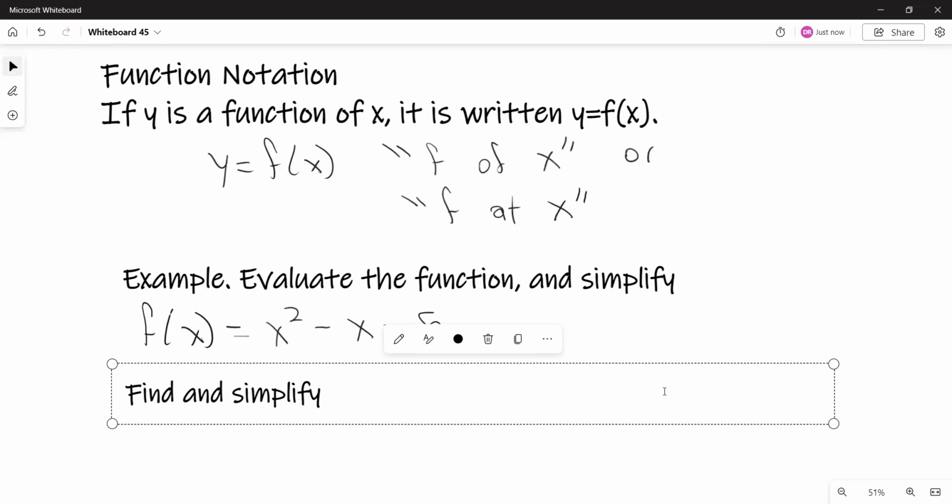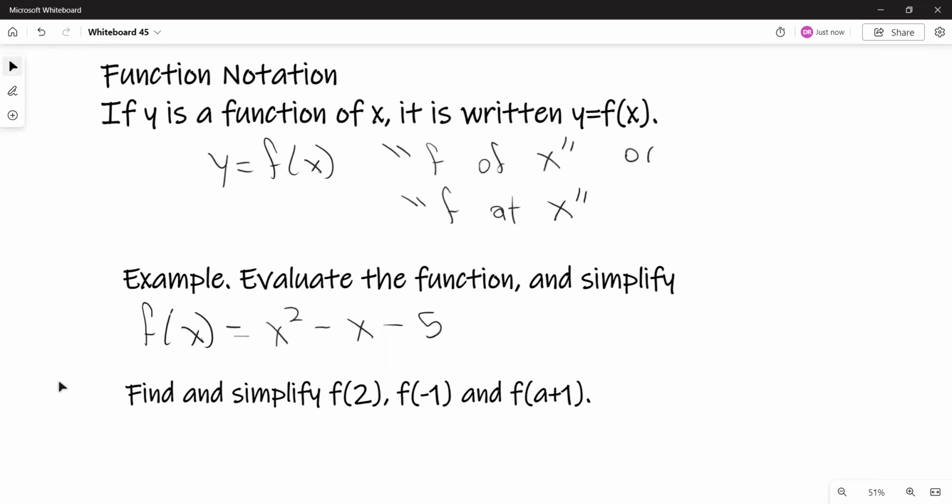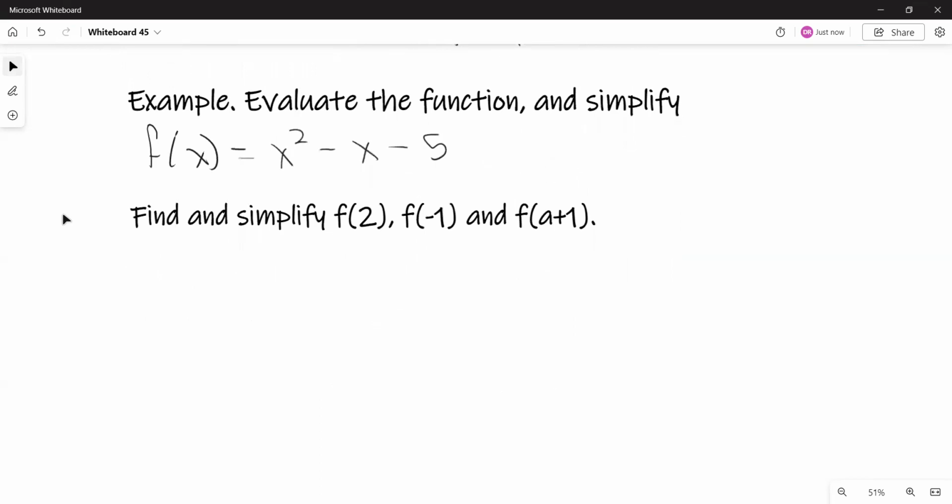Find and simplify f of 2, f of negative 1, and f of a plus 1. So let's start with f of 2.